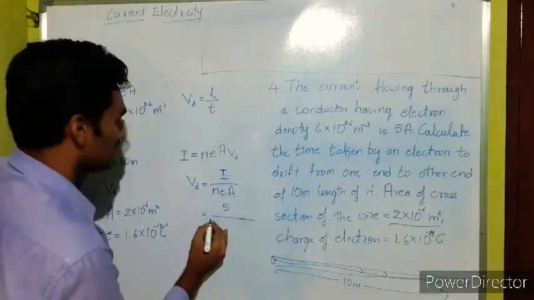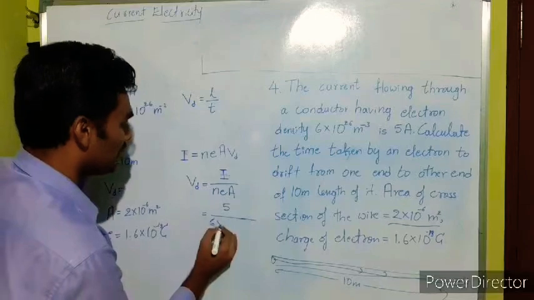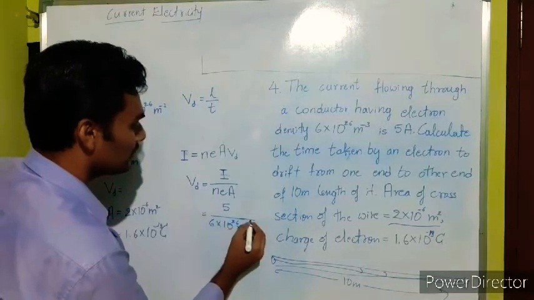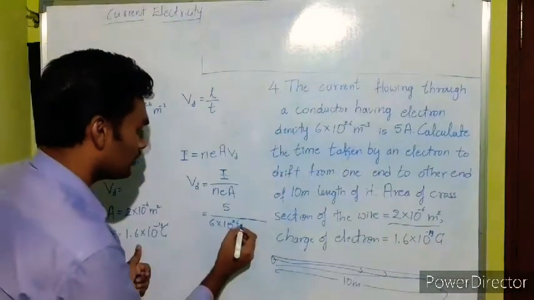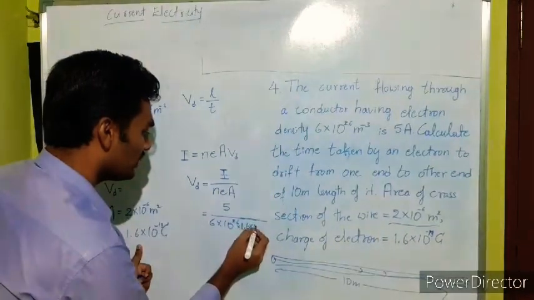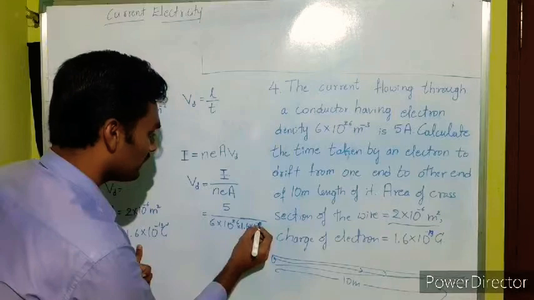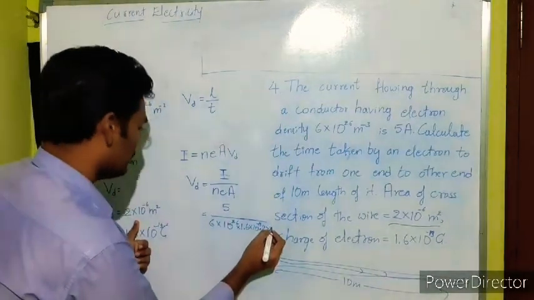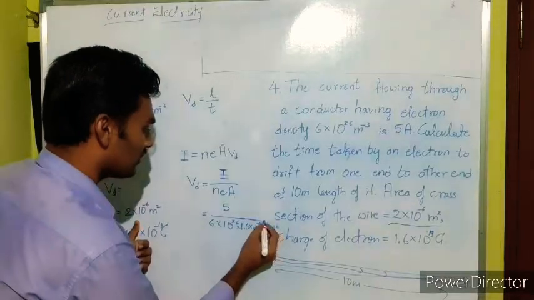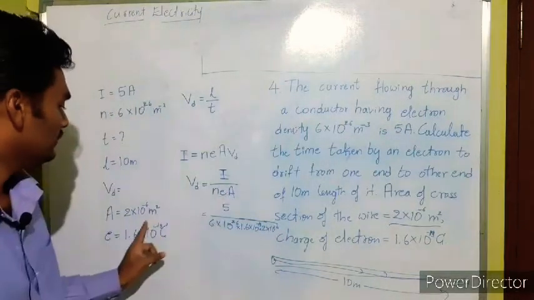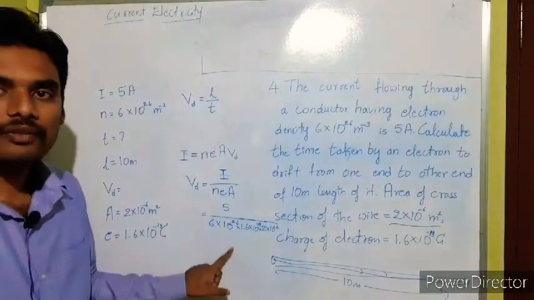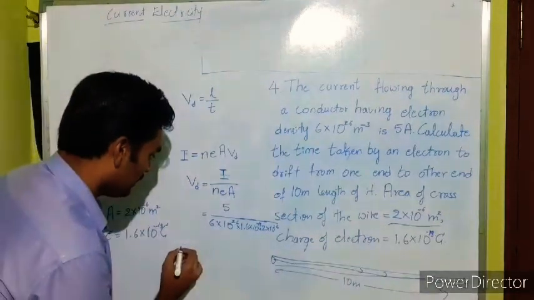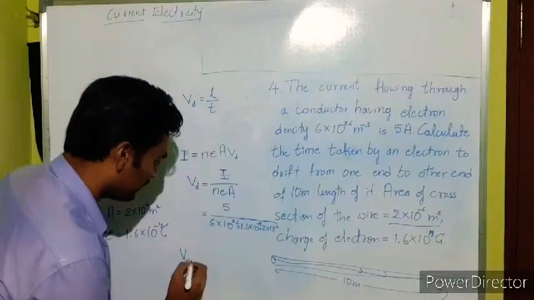The charge density or the electron density, which is 6 into 10 to the power of 26, into charge of each electron 1.6 into 10 to the power of minus 19, into area of cross section 2 into 10 to the power of minus 6. Simplifying them, we'll get Vd, make use of calculator.